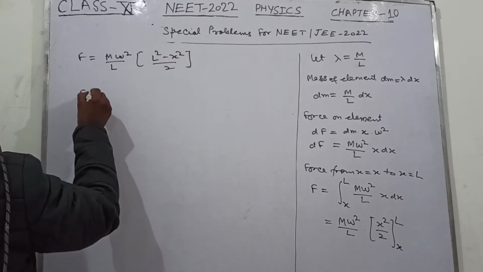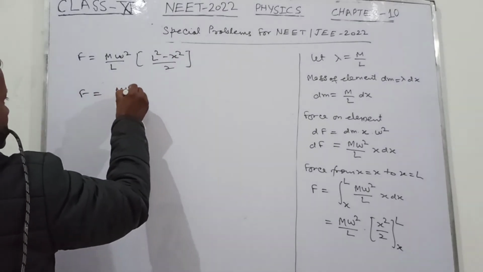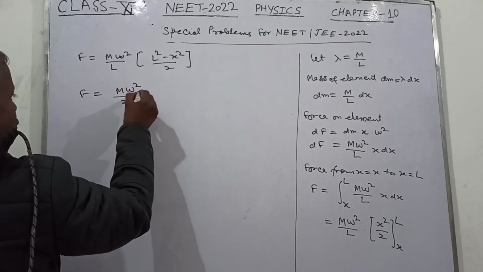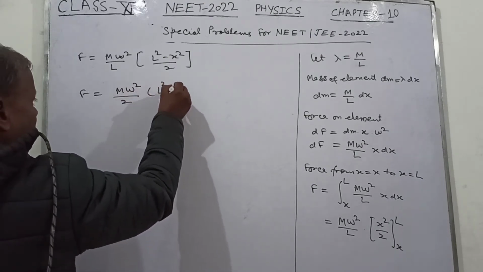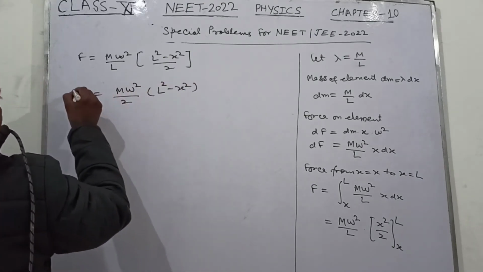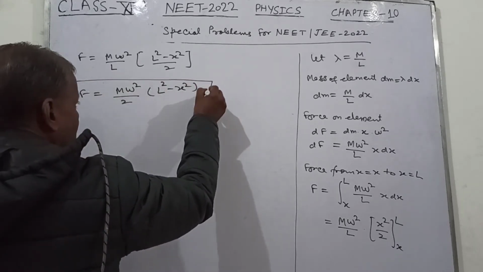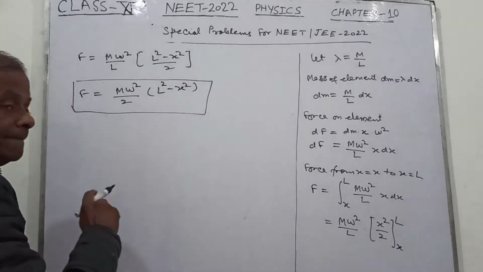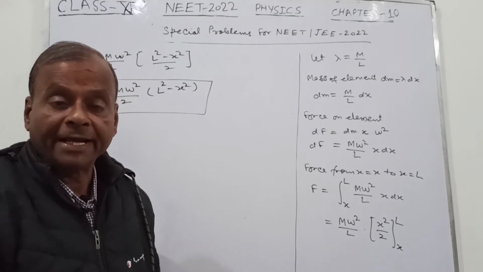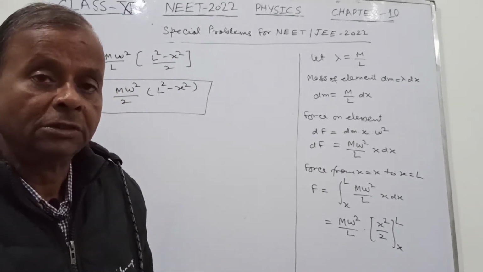So F is equal to m omega square upon 2L into (L square minus x square). This is the general formula, and x can have any value.